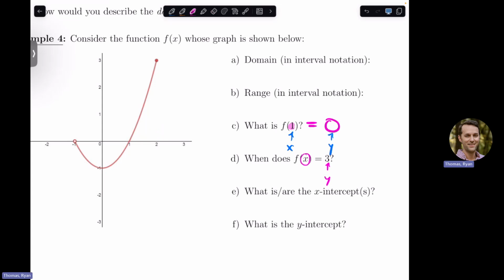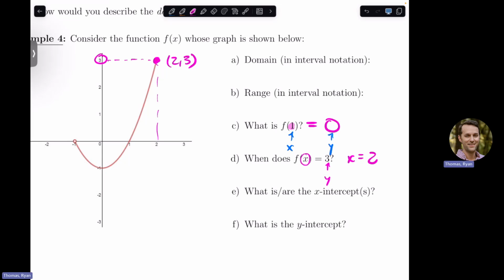So we find that y, here it is. We go find the function, there it is. So when does f of x equal 3? When x is 2. Everybody okay with that? Okay.